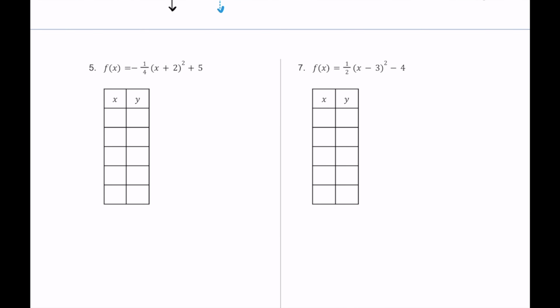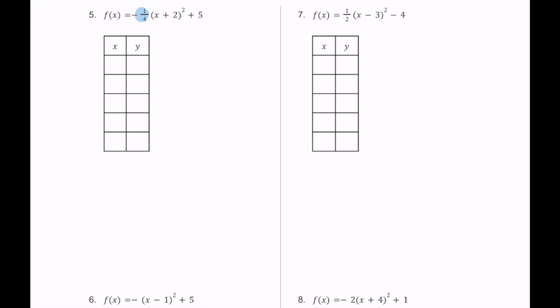Here's number 5. All right, so right from the beginning here, we can see that a is going to equal this -1/4. So really what that means is the graph is going to be a vertical shrink, or it's going to be wider than usual. We also have a negative a value, so that's going to flip this whole graph upside down as well. Following that, let's go ahead and use this +2. That means that h is actually equal to -2, and that's going to tell us where our AOS is equal to.